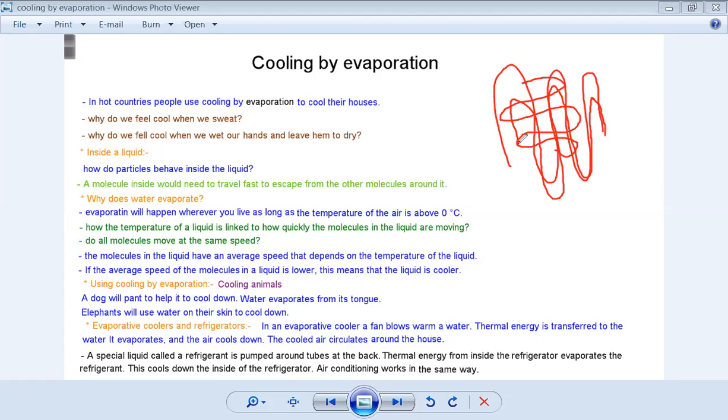When it circulates in these pipes, thermal energy from inside the refrigerator evaporates it. That's why sometimes when you open the refrigerator you can see droplets of water. If the electricity is off and you open the refrigerator, you can see water inside it, right?